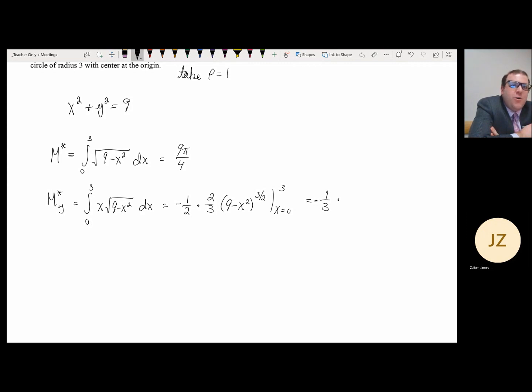At 3, that's 0. At 0, it is negative 9 to the 3 halves, which is negative 27. You get 9.